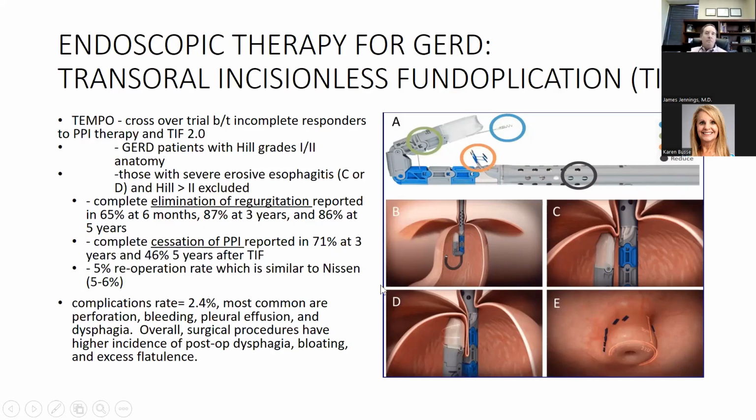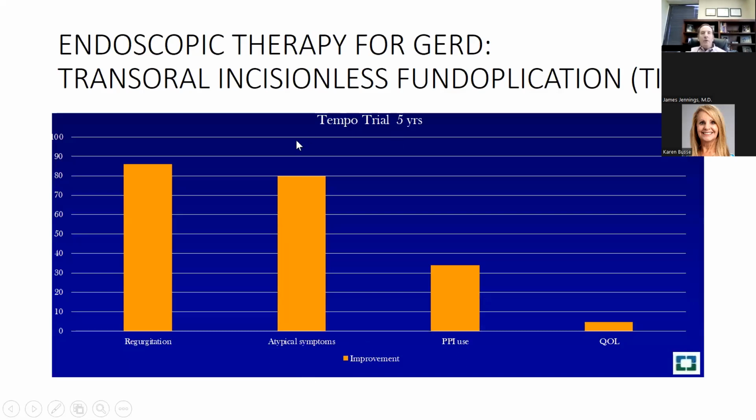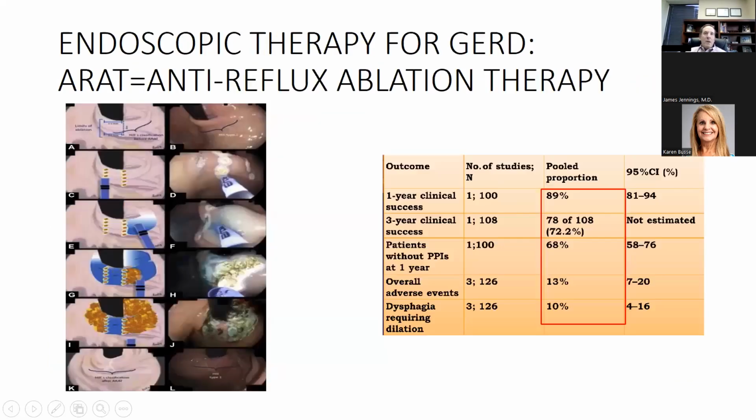And there is a redo rate with TIF, but that's usually when you're first starting out with these procedures. This was the TEMPO trial that I mentioned, those results. And there was the other disturbing part about this, not only is that the improvement PPI use, but the quality of life wasn't that much improved.